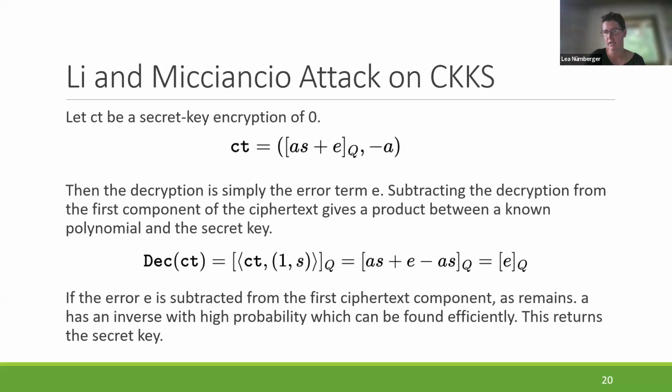Now, A is a public element. In the ring, it has an inverse with a high probability. So from A times S, we can just multiply this with the publicly computable inverse of A, and we'll get the secret key. And this is generally not good.